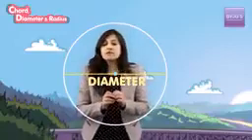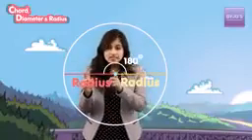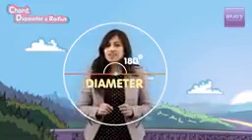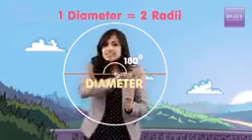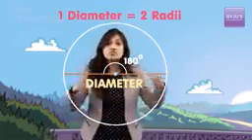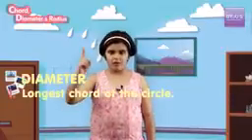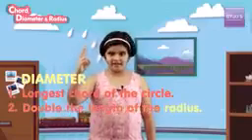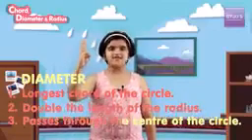So this means that if we put two radius lines at 180 degrees, we get the diameter. And this means that the diameter length is double the radius length and it passes through the center. This is pretty easy. A diameter: one, is the longest chord; two, has double the length of the radius; three, passes through the center of the circle.